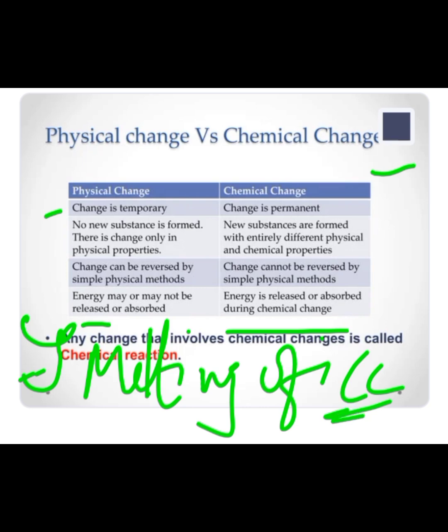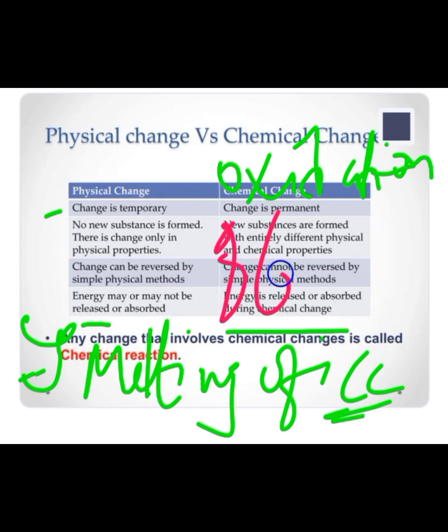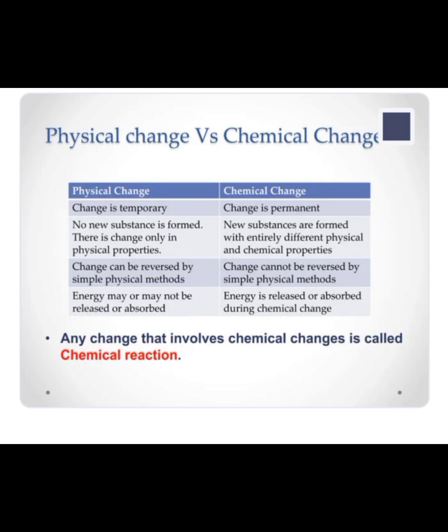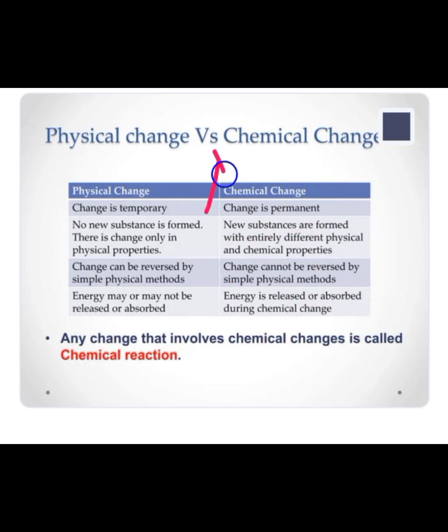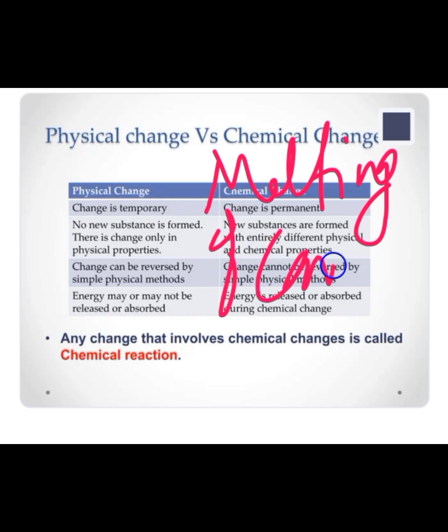But in case of chemical change, oxidation of food is a chemical change. Rusting of iron is a chemical change. Melting of candle is also a chemical change.